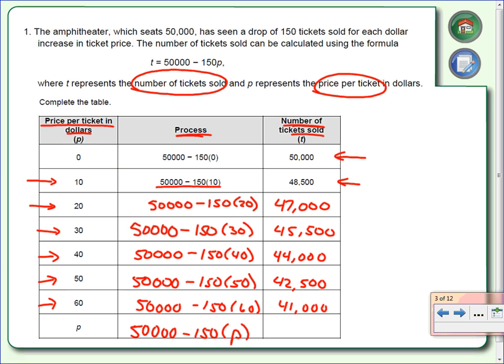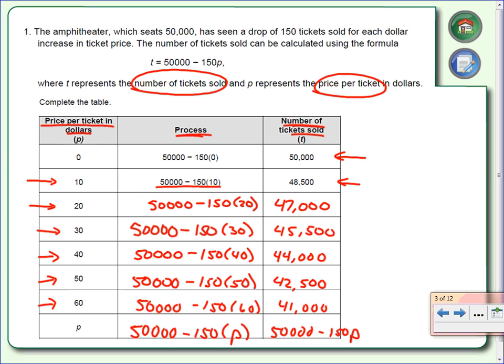Of course, I cannot put this P in the calculator. But what we can do is multiply 150 times P, and you just get 150P. So write that down for me in the bottom right-hand corner: 50,000 minus 150P.